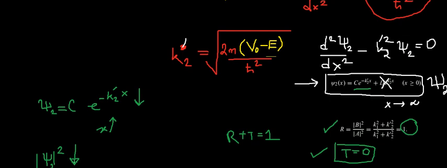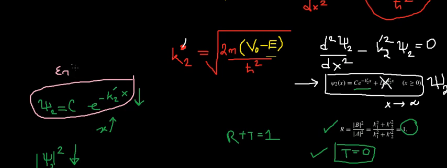Classically they cannot enter the region, but quantum mechanically, since you are getting a decaying exponential function, it means these particles have entered the classically forbidden region, but they come back. The quantum mechanical phenomenon is just related to the entry of particles into the classically forbidden region. This is the idea, that they at least enter.